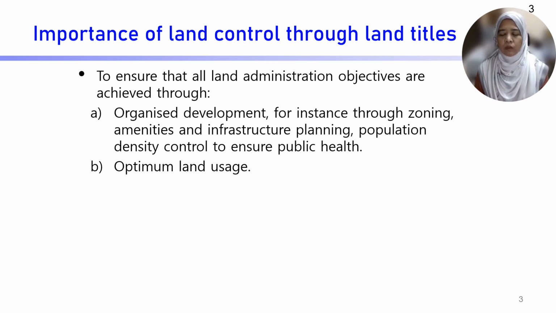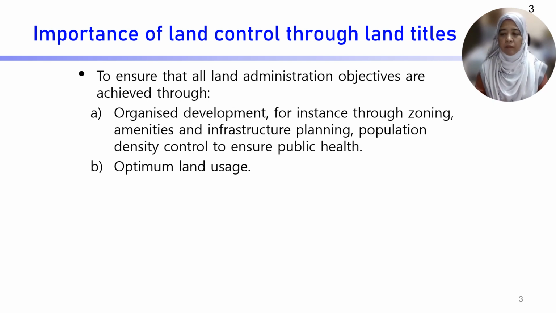So if we know that there is an oversupply of retail in that area, the government can control further retail development by freezing conversion or freezing land development in that area, not allowing building land under residential, for instance, to be converted into retail.